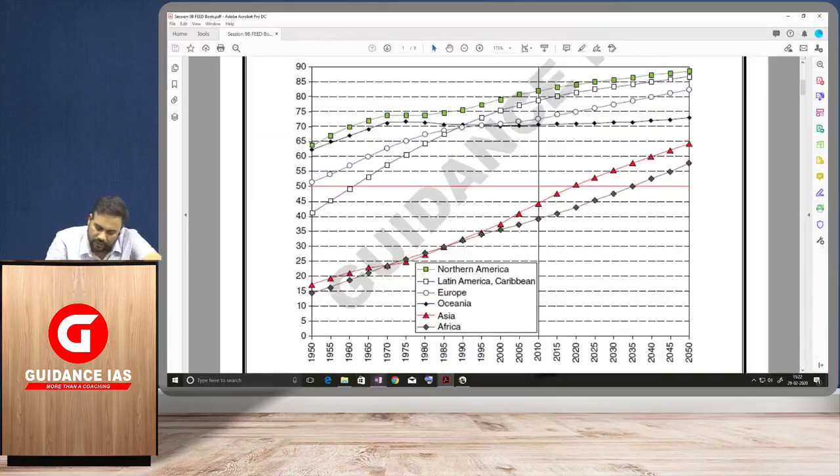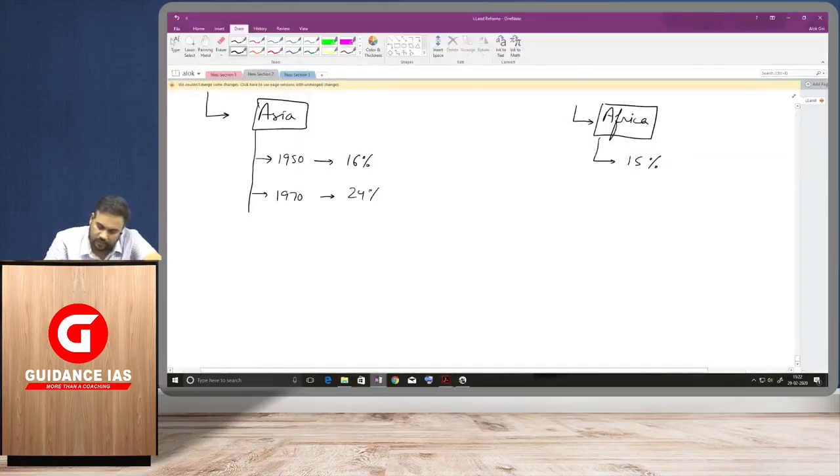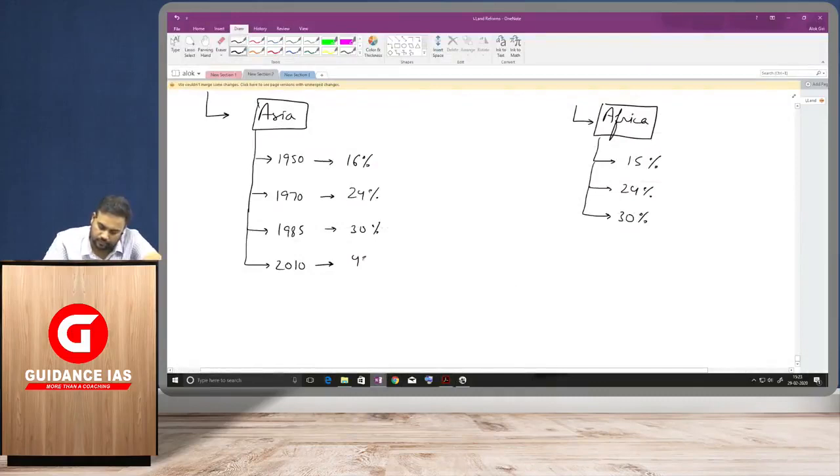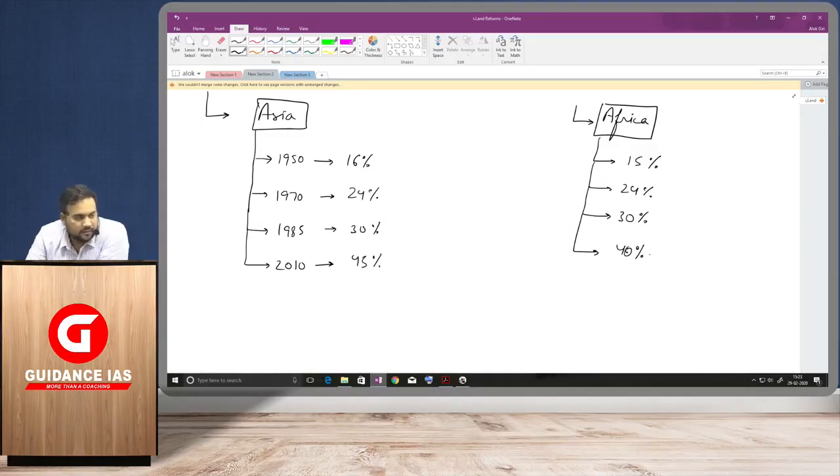It was 24%. Here it also became 24%. Then in 1985, again they became equal. They remained equal, 30%. But after this there has been a gap, and by 2010 here it has become near 45%, while Africa is around 40%. ठीक है.